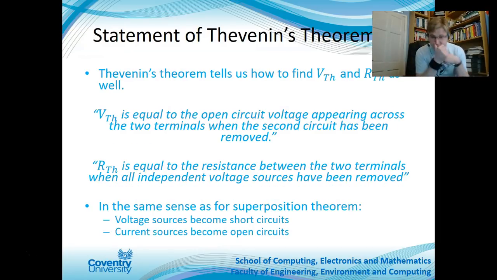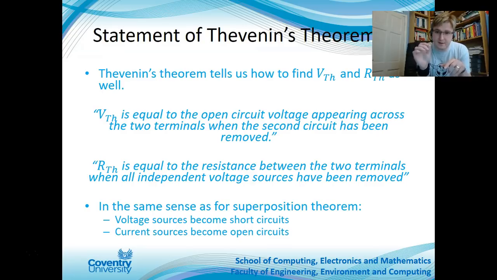So how do you find V Thevenin and R Thevenin? The voltage is equal to the open circuit voltage across the two terminals when the second circuit has been removed. So you want to find the open terminal voltage across that.